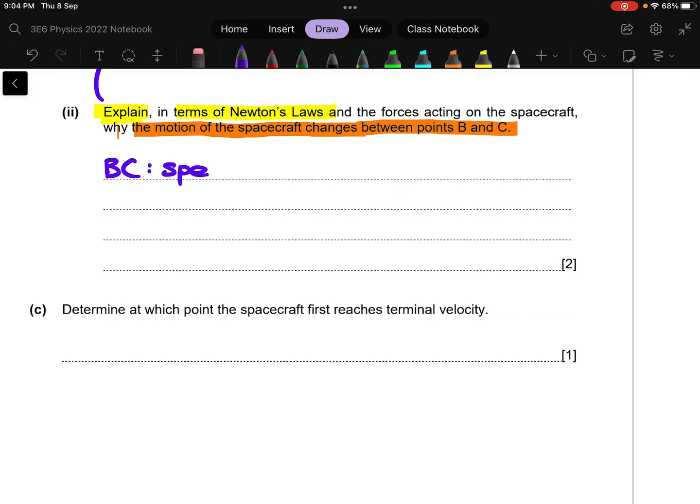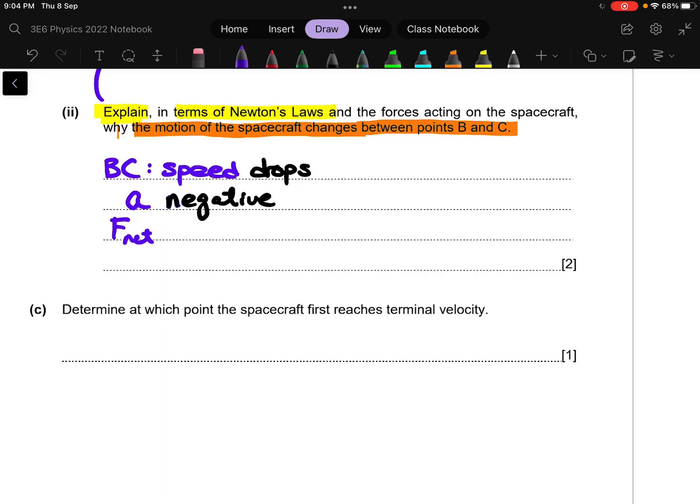Okay, so how do I explain? Well, I follow the same thing. So from B to C, what happened to my speed? My speed actually drops, right? So if my speed drops, what does it mean in terms of acceleration? It means that my acceleration is negative. Correct? Because negative acceleration means that it is slowing down. It's a one-dimensional motion.